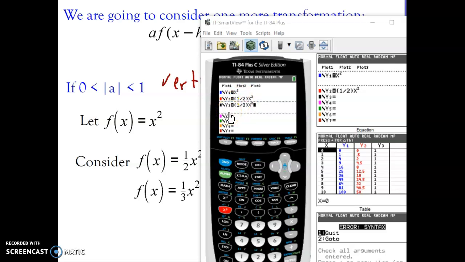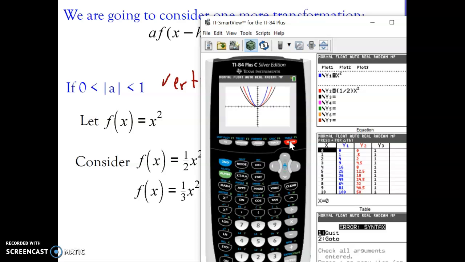That just eliminates a lot of order of operation problems. All right, let's look at what that vertical shrink does to the graph. So here's our parent function in blue. Here's our shrink of 1/2 in red. And here's our shrink of 1/3 in black.